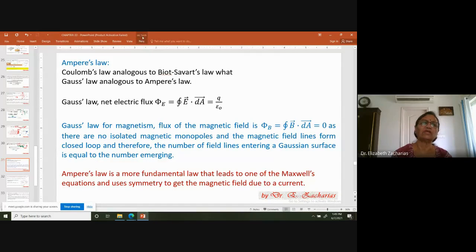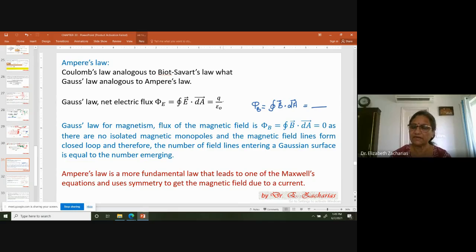Now before we do that, can we not talk about a Gauss law for magnetism? You know Gauss law for electric field: electric flux, integral E dot dA, is equal to Q by epsilon naught. Similarly, if one were to write an expression for magnetism, it would be integral B dot dA equal to, what do you write on the right hand side?